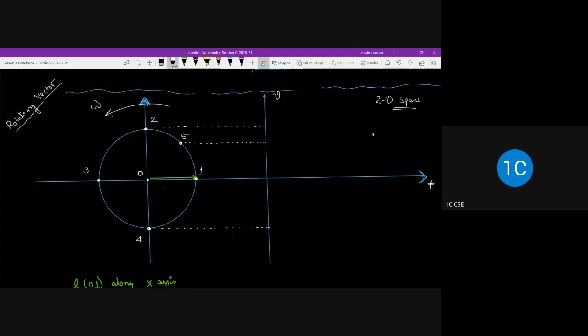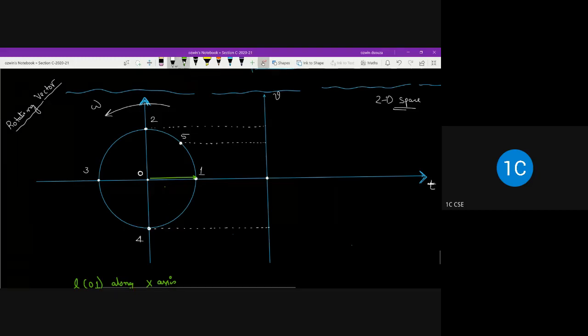When the vector is along the direction O1, the projection of the vector is basically the origin. This is called the default position of the vector.